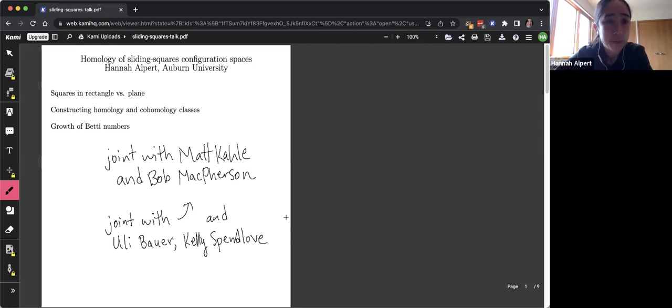And then you can do computations on that nice cubical complex. So it was mainly Uli and Kahle who were doing computations.